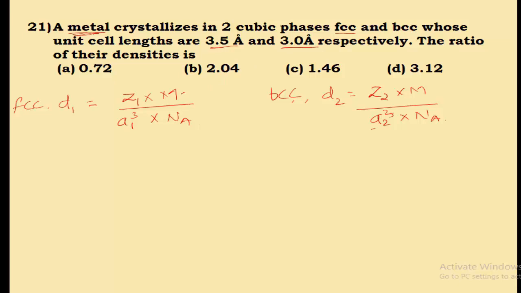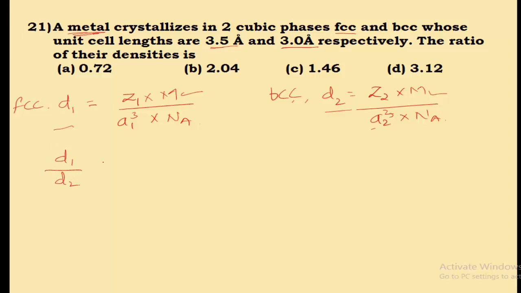So the atomic mass will also remain the same. In general, M and NA are constants. So this is D1, the density of the FCC crystal, and D2 is the density of the metal which crystallizes in BCC. Now what would be the ratio of the densities?